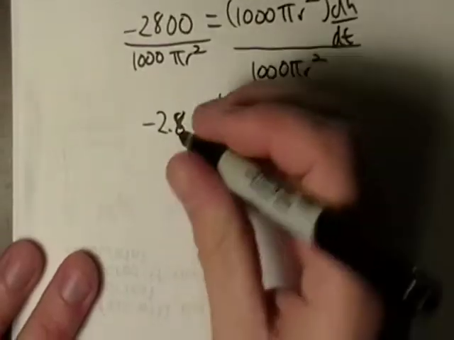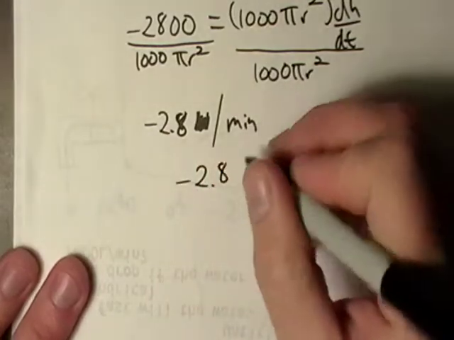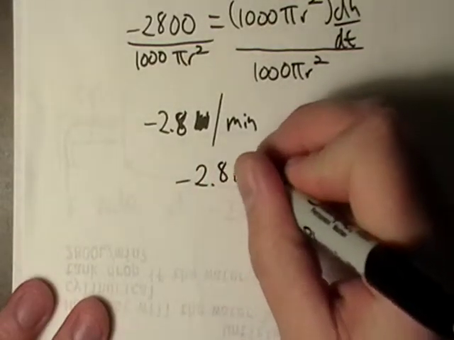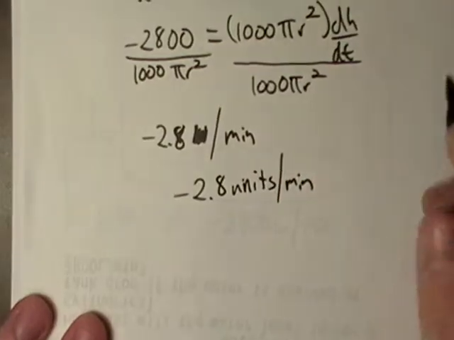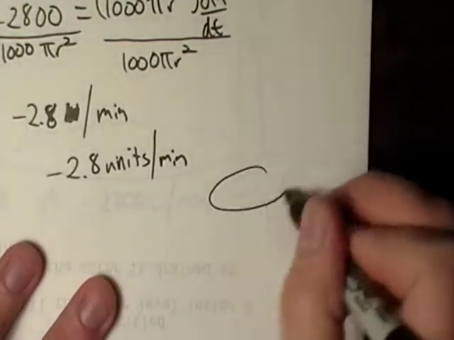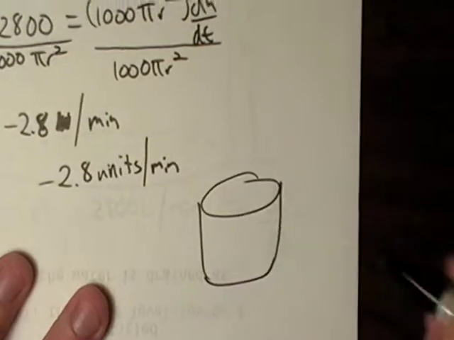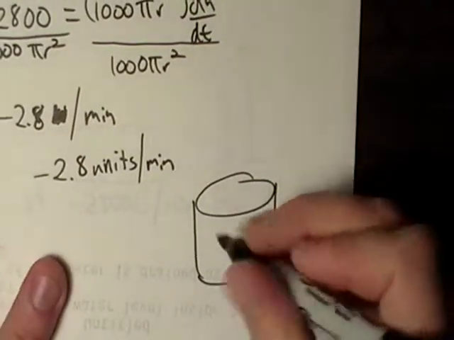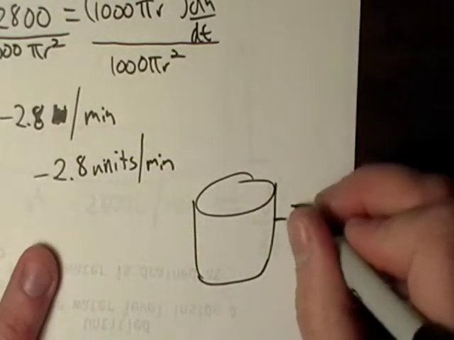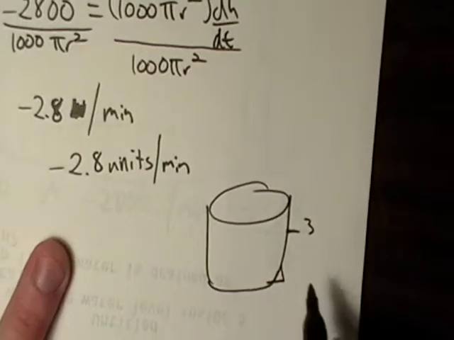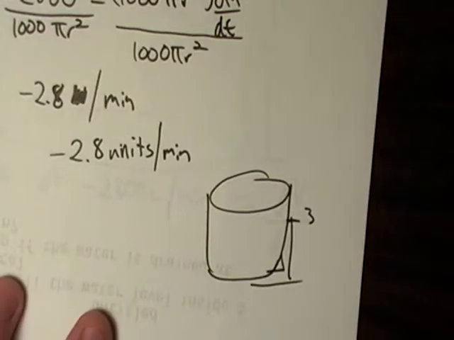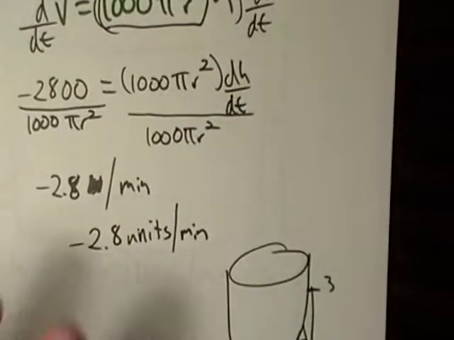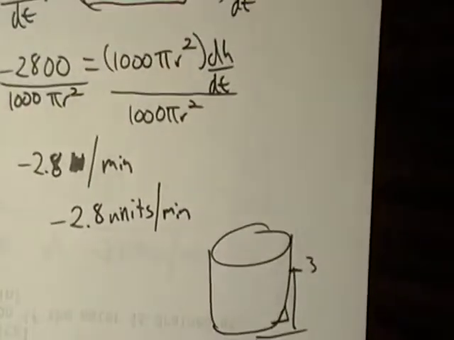So to be proper, we'll just say 2.8 units per minute. So roughly 3 units. Say it was 3 units tall. After 1 minute, this tank would be empty, or its height would be 0.